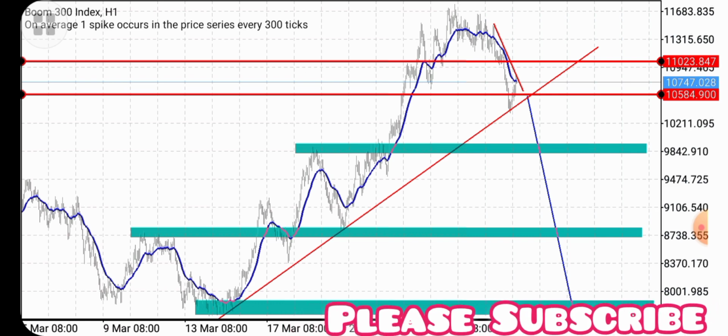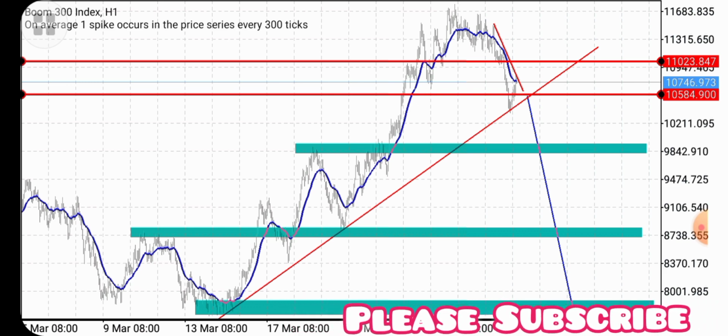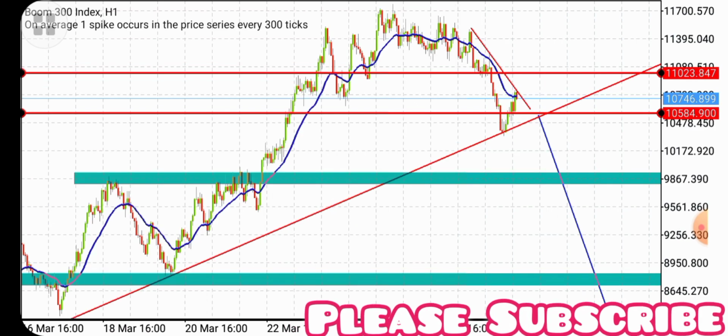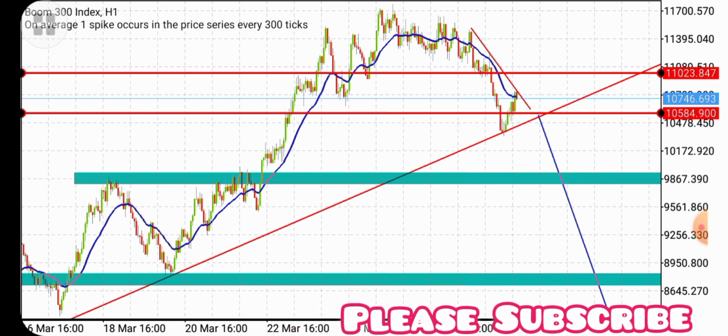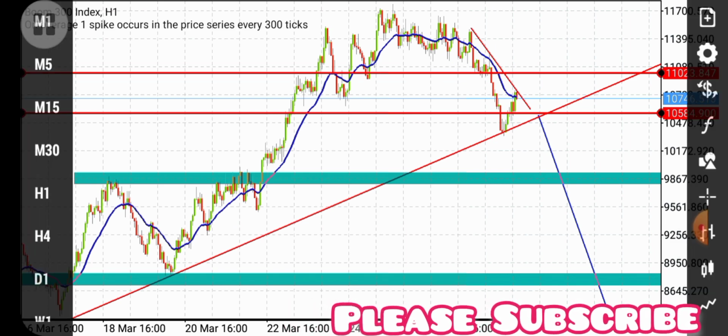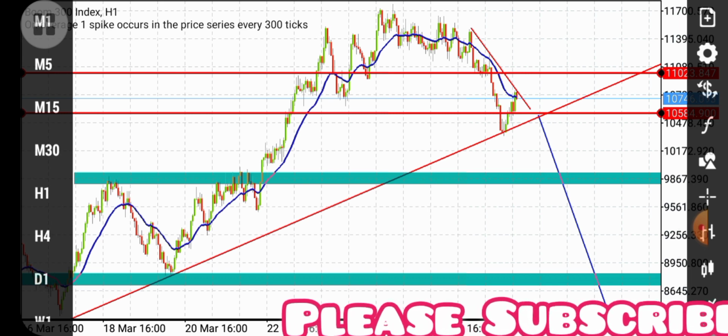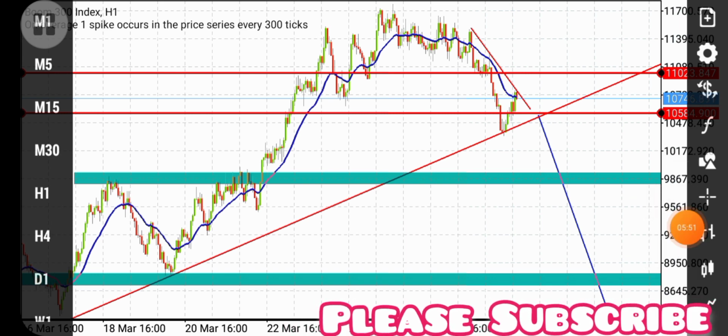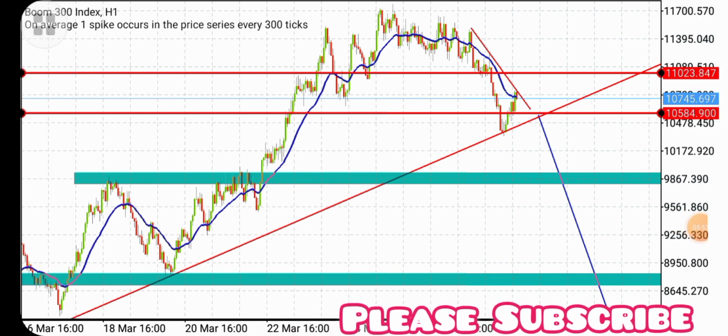I know this movement is going to be massive, right? That's going to be a massive movement. So you want to take your time and watch this pair closely. Yes, watch this pair closely at this point. This is Boom 300. Watch it closely.